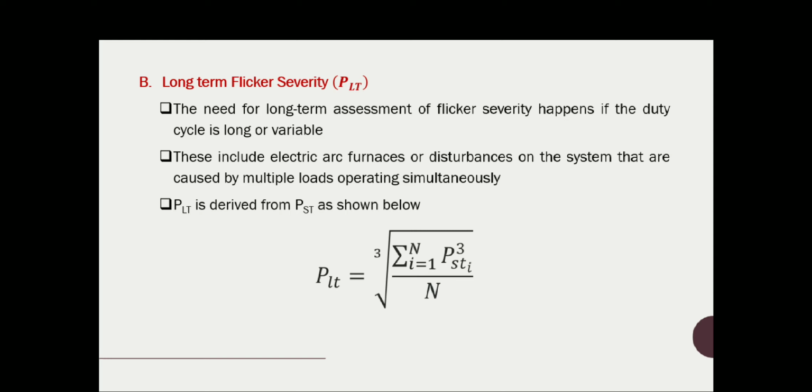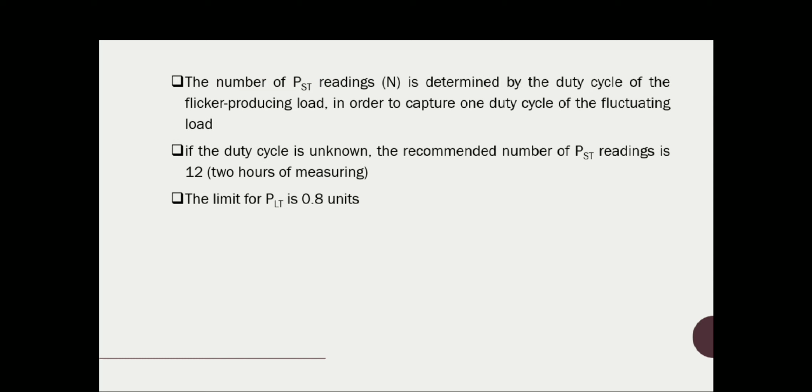So PLT can be found using the equation: square root of the sum over i equal to 1 to n of PSTi cubed divided by n, where n is the number of PST, that is short term flicker severity, readings, and is determined by the duty cycle of the flicker producing load.